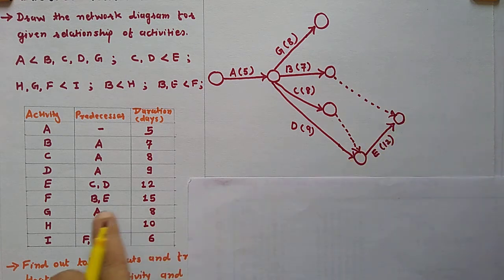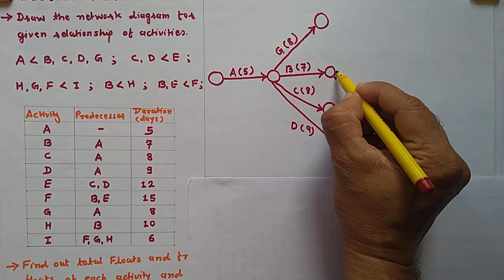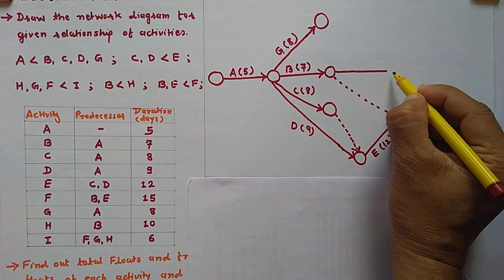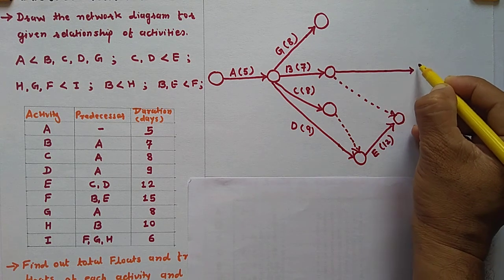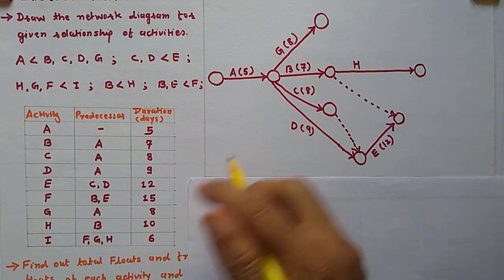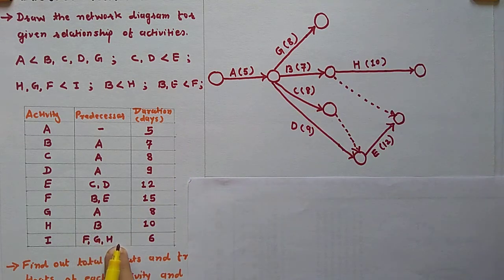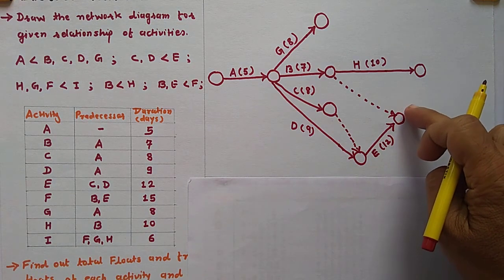But before that we have to draw activity H. The predecessor is B, so I will draw activity H. This is activity H and the duration is 10 days. Now F, G and H are merged.